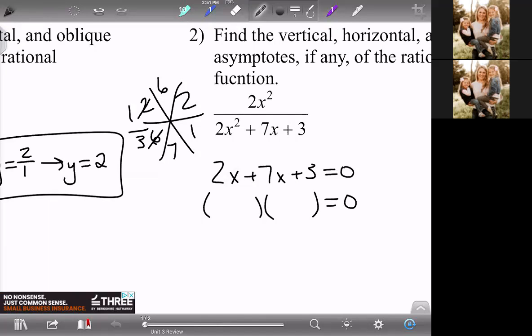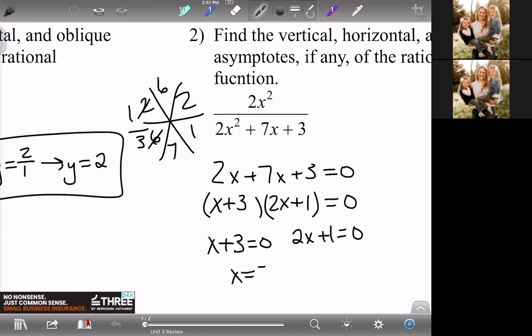The 2 and the 6 are going to reduce, so we're going to have x plus 3 and 2x plus 1. I'm going to take both of these factors and I'm going to set them equal to 0. So x plus 3 equals 0 and 2x plus 1 equals 0. Solve both of these for x.